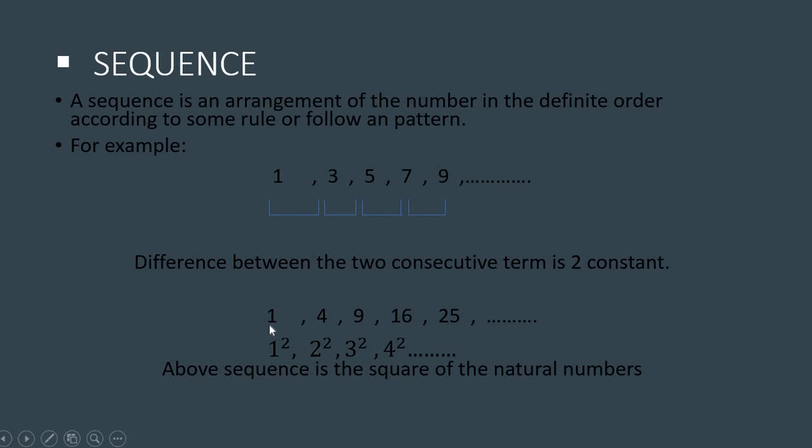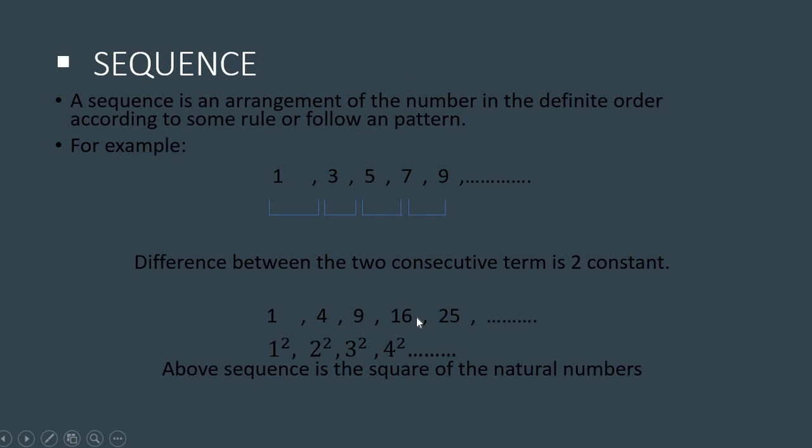See, this is the next example, in which we have the sequence 1, 4, 9, 16 and 25. Look at this. This is nothing but the squares of the first 5 natural numbers. The square of 1 equals 1, square of 2 equals 4, square of 3 equals 9, square of 4 equals 16 and similarly the square of 5 equals 25.